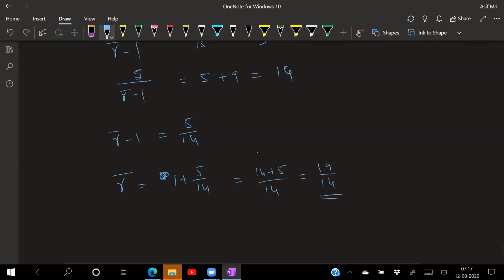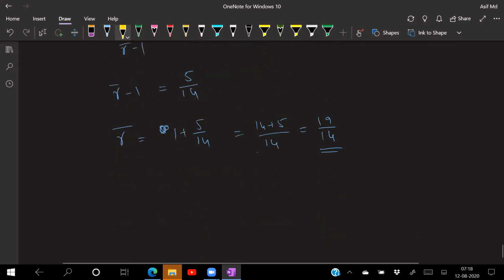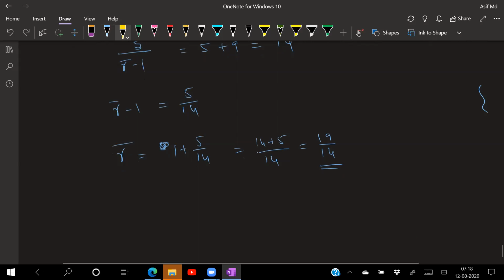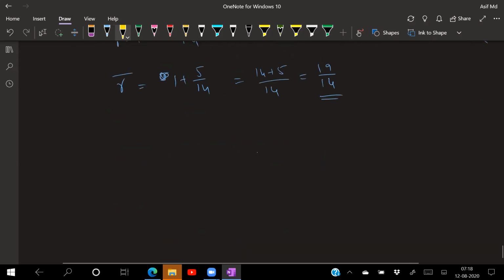So gamma of your mixture is equal to 19 by 14.